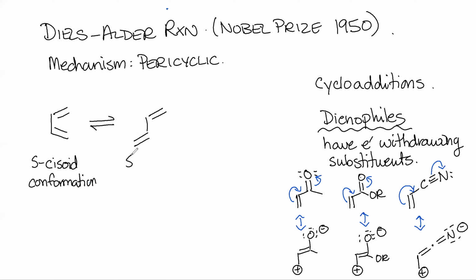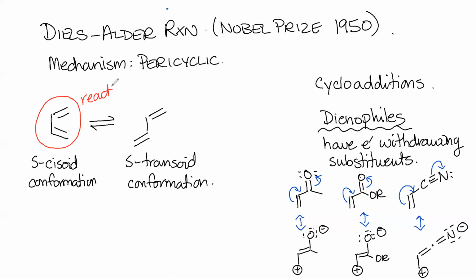And this is the s-transoid conformation. And so the reactive conformation is the cis conformation. So this one here is the reactive one. And the one here in blue is unreactive.